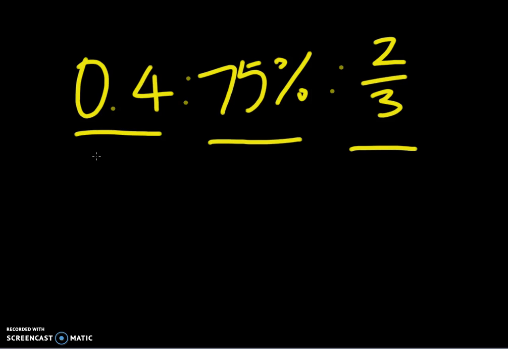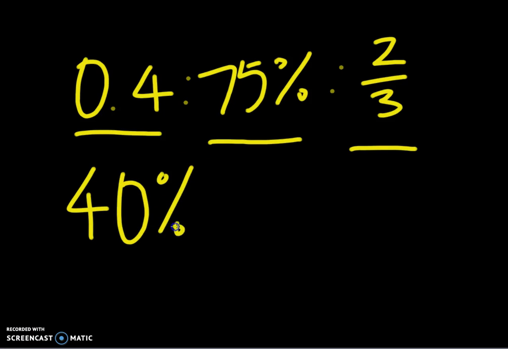So 0.4 is 40%. And 75% is already in a percentage, so I just copy down over there. And 2 over 3 is 66.6.